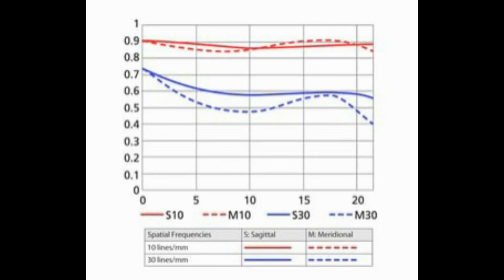Typically, the contrast is depicted in two different frequencies. Low frequencies, such as 10 lines per millimeter, and high frequencies, such as 30 lines per millimeter.